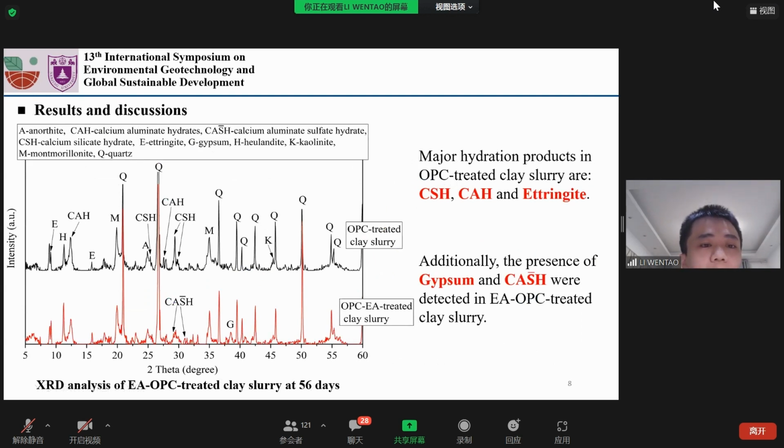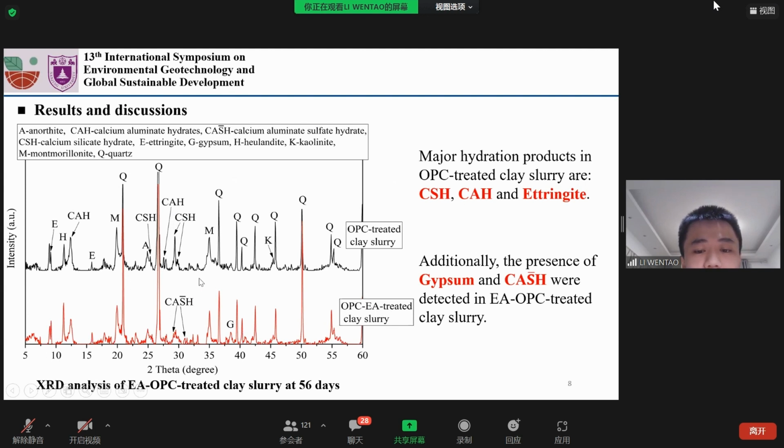Microstructural analysis was also tested. The XRD patterns above are for the OPC treated clay slurry. As we can see, the major hydration products in this sample are CSH, CAH, and ettringite. With the addition of expansive agent, the presence of gypsum was detected, and in addition, the XRD peaks of CAH were not so prominent in the samples with EA addition.